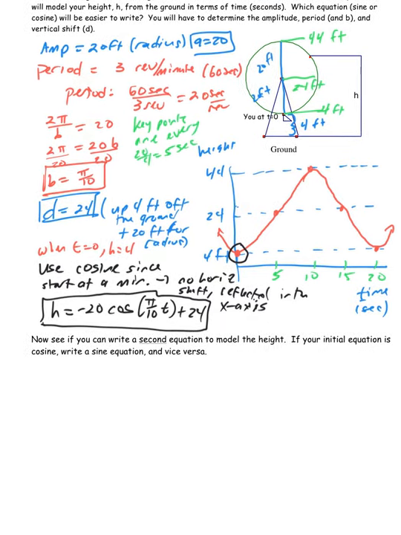And down here we're asked, now see if you can write a second equation to model the height. If your initial equation is cosine, write a sine and vice versa. So we wrote a cosine, so let's write a sine. So in choosing a sine function, pick a point where the graph crosses through the axis of oscillation. I'm going to choose the point (5, 24). So that point should normally be at the axis of oscillation.